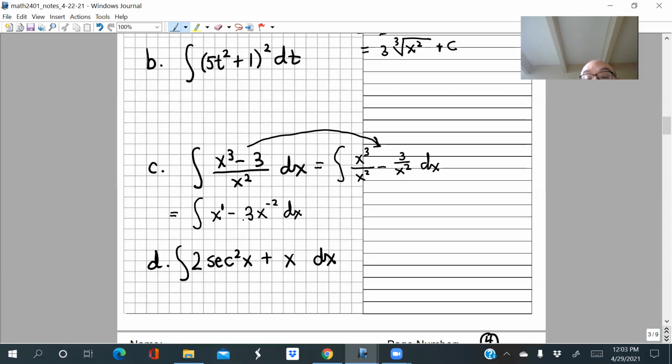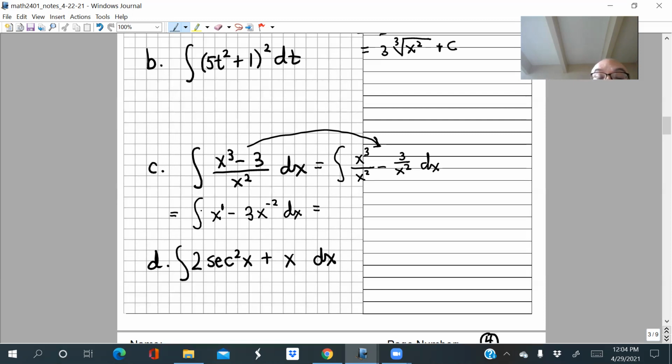Now, here's the second thing I have to notice. When you have an antiderivative of a sum or a difference like this one, sum or difference, not product, you can break that up into the sum or difference of different antiderivatives.